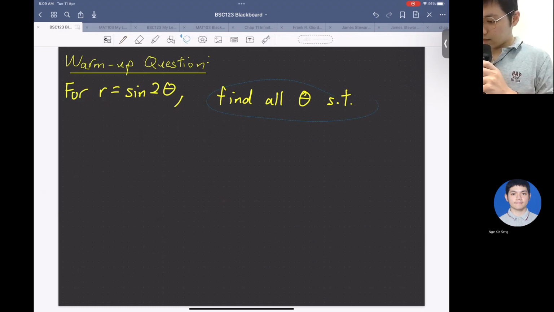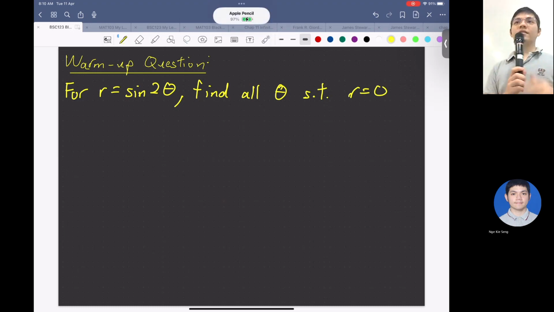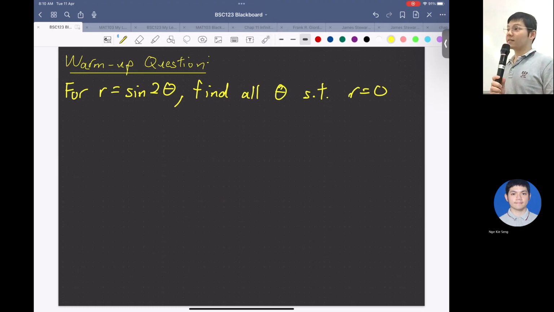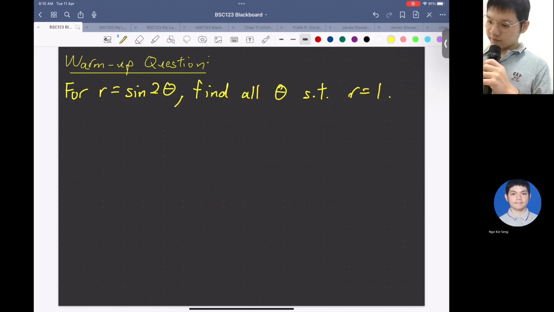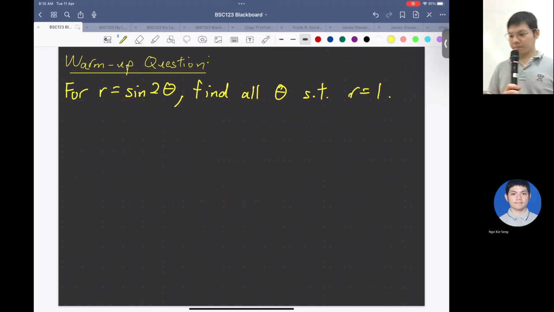Find all theta such that r equals 0. Try and work out how many theta satisfy this equation. Sorry, r equal to 1. Let's say we want r equal to 1. Try and work out this question.